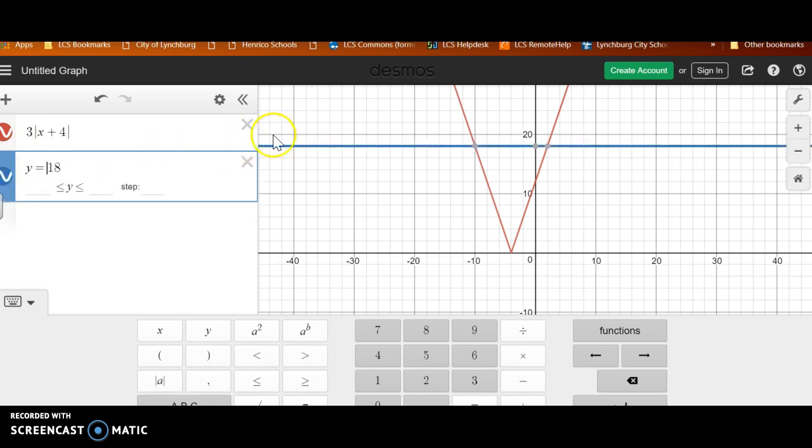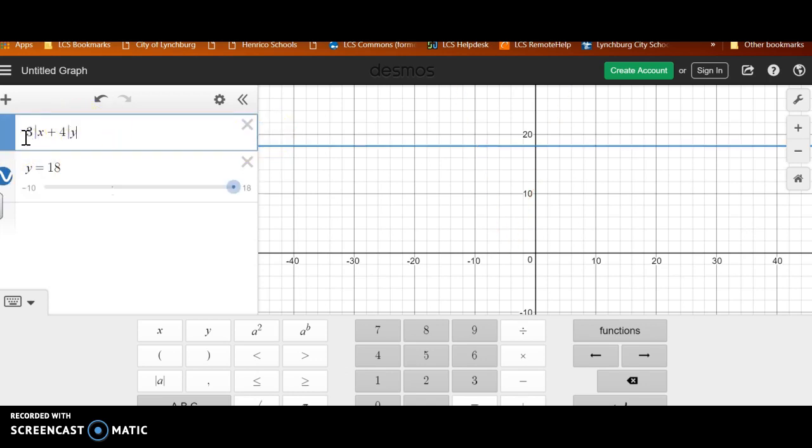Okay. And this doesn't change. You can put y equals if you would like. The graph stays the same on that one. Here we have a solution at (-10, 18), and we have a solution at (2, 18).